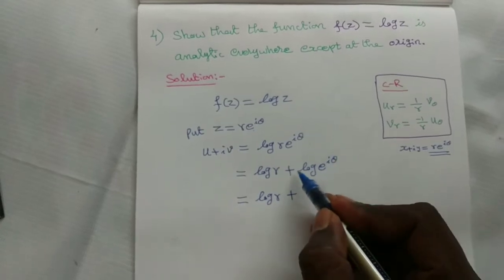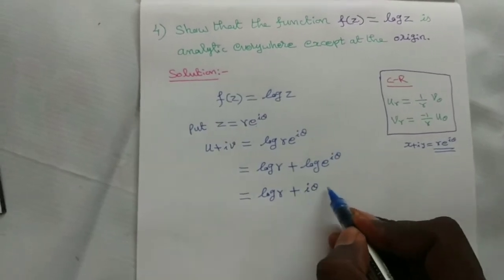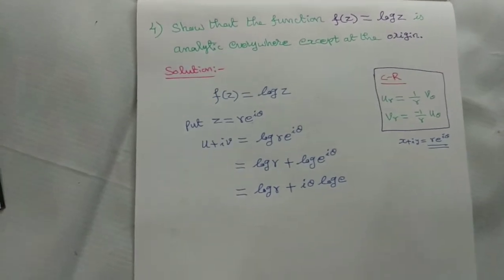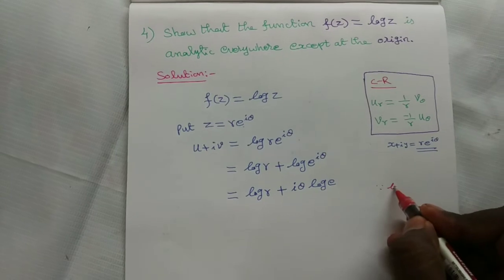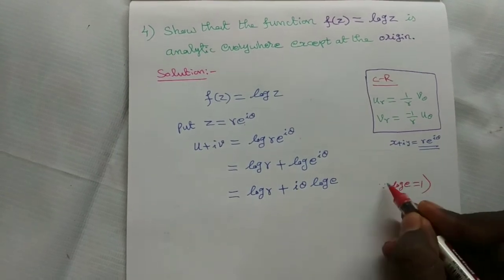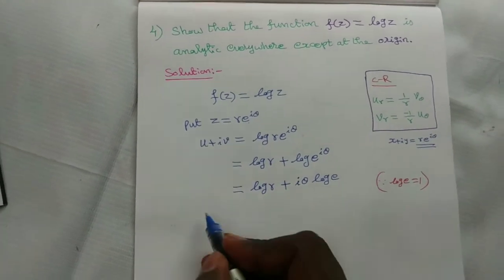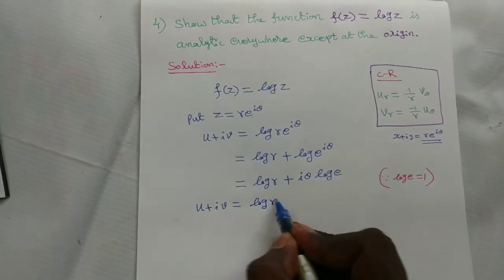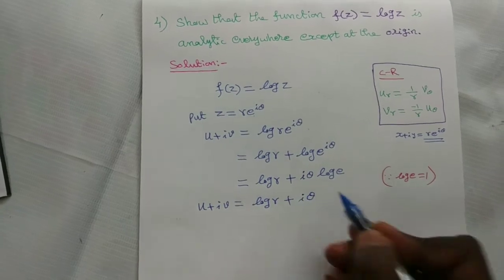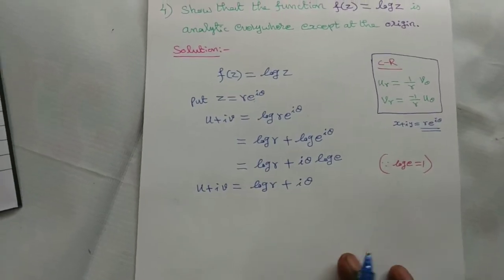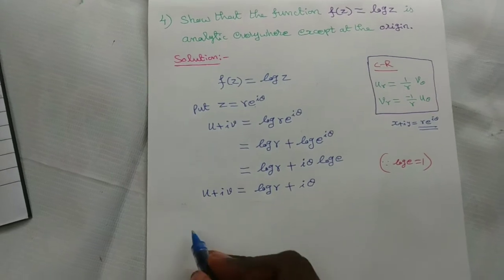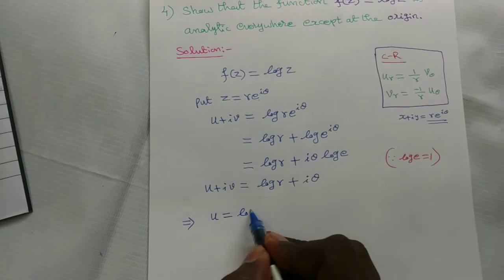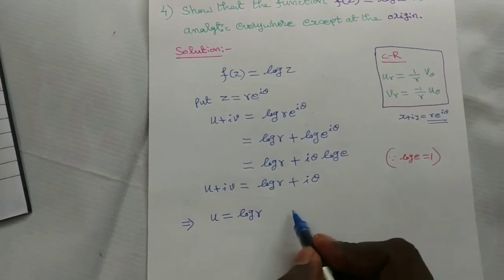The power n can take in the front. So I theta into log e. But you see log e value is 1. Since log e value is 1, so here u plus iv is equal to log r plus I theta only. Okay, now I am going to equate the real and imaginary part. By equating the real and imaginary part, u is equal to log r, real part, and v is equal to imaginary part is theta.